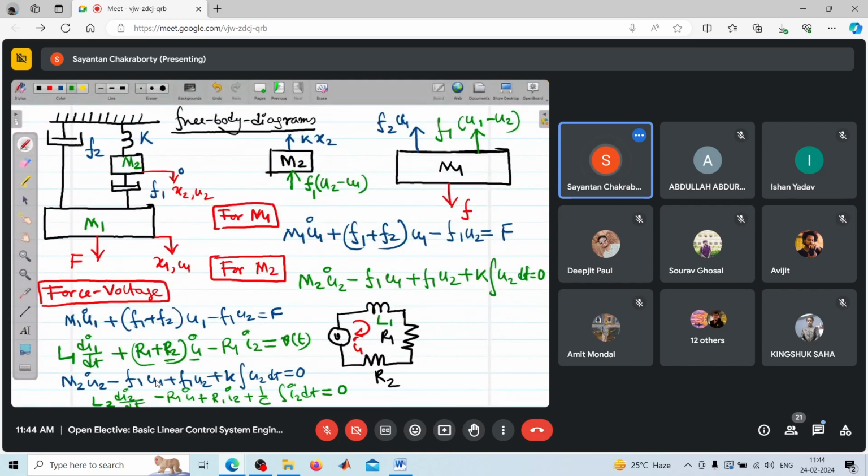Now look at the current I2 loop. Current I2 flows through inductor L2, resistance R1, and a capacitor 1 by C, or capacitor C. So for current I2, I can augment this with L2, because I2 is only flowing through L2 and the capacitor, and the direction is opposite to I1.